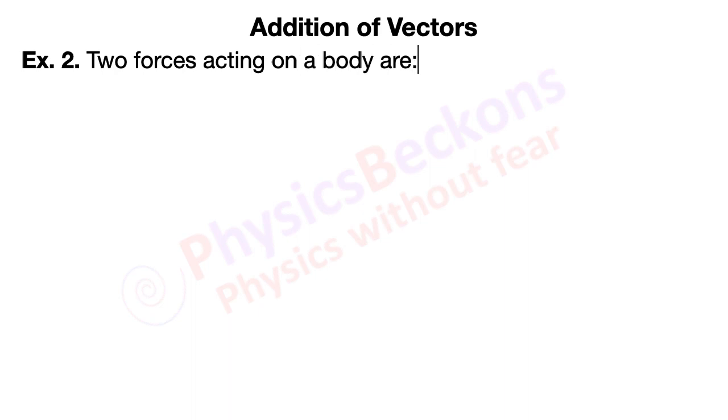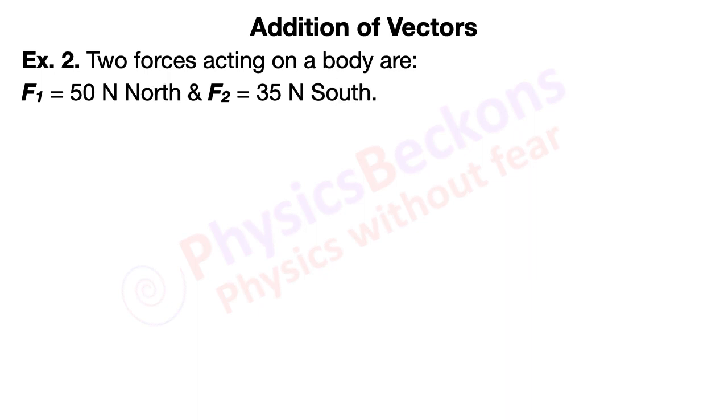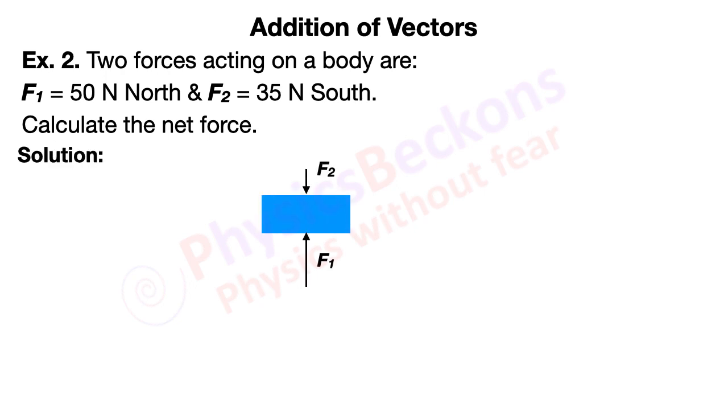Continuing with addition of vectors, example 2. Two forces acting on a body are force F1 equal to 50 Newton north and F2 equal to 35 Newton south. Calculate the net force. For solution, let's take the block.